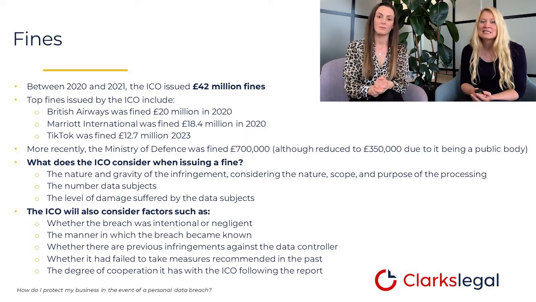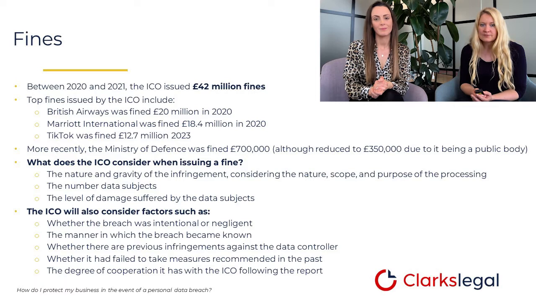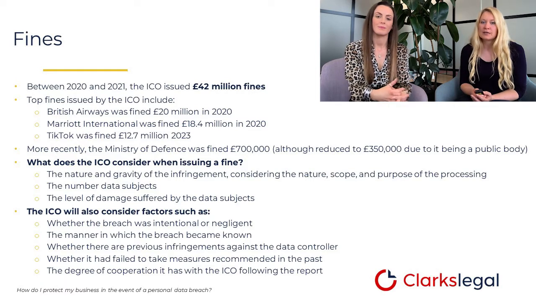As highlighted in its penalty notice, the factors that the ICO will take into account when deciding whether to issue fines include the nature and gravity of the infringement, taking into account the nature, scope, and purpose of the processing, the number of data subjects affected, and the level of damage suffered by them.